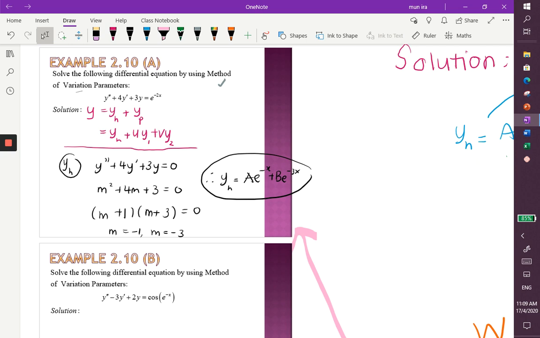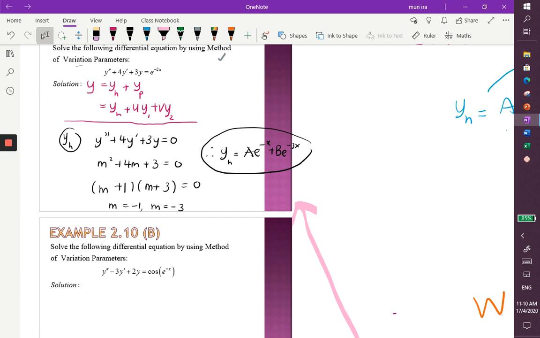It cannot be secant square, it cannot be tangent square x. So UCM is just limited to the first 3 cases, but VPM is more powerful than UCM.